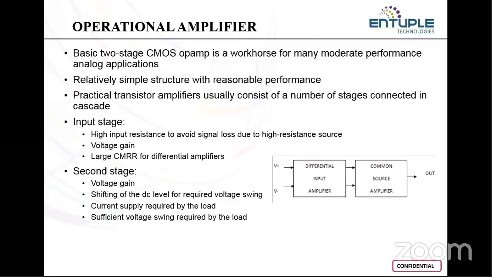This circuit is highly reliable. Looking at the input stage, high input resistance is there to avoid signal loss, and you have a good amount of voltage gain. For the differential input you had a gain of 47 dB. In the same way at the output stage, we have the shifting of DC level.